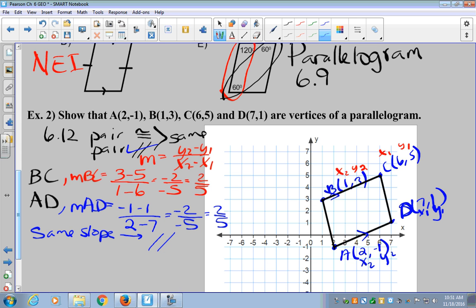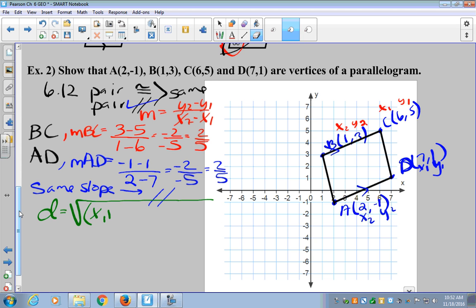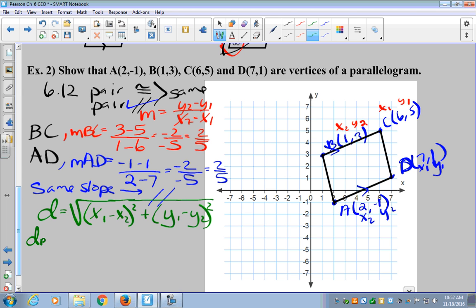Now we need to show that they're congruent. We're going to do that by using the distance formula. And we go x's subtracted and squared, and y's subtracted and squared. And so I'm going to find the distance of BC. Already written on my graph which one's my x1 and y1, so easy peasy.